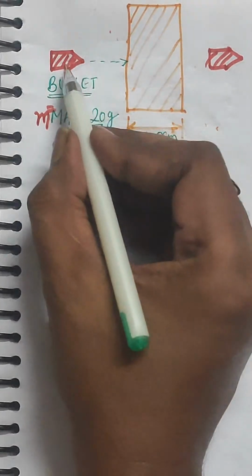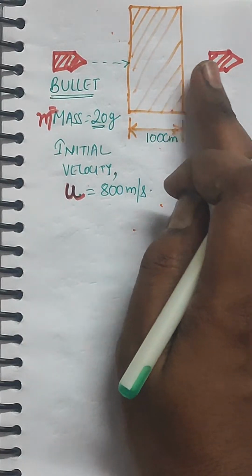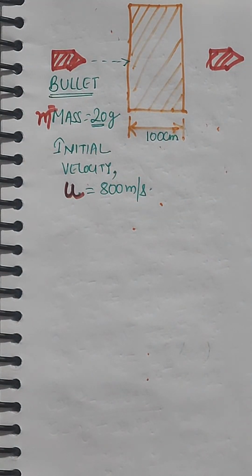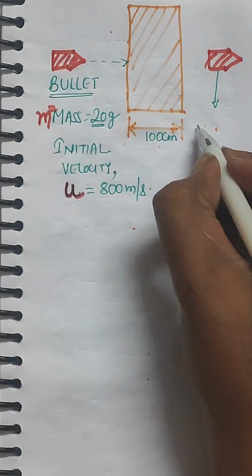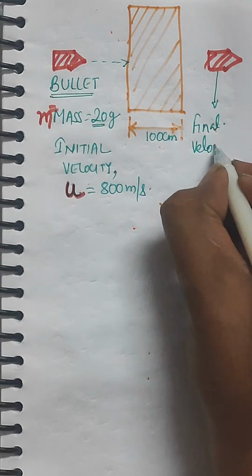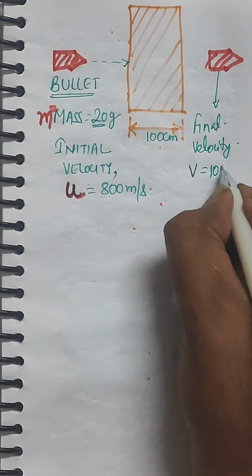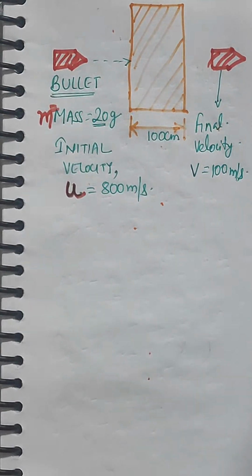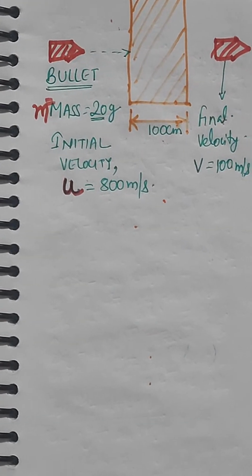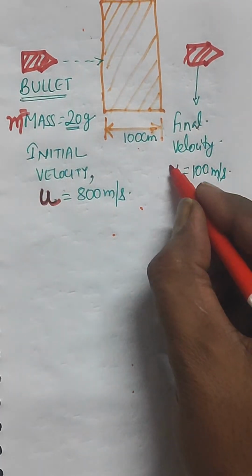That means when the bullet hits the wall and exits the wall, the velocity at this point is the final velocity, which is nothing but v. v is 100 meter per second, right? So this is given to you.